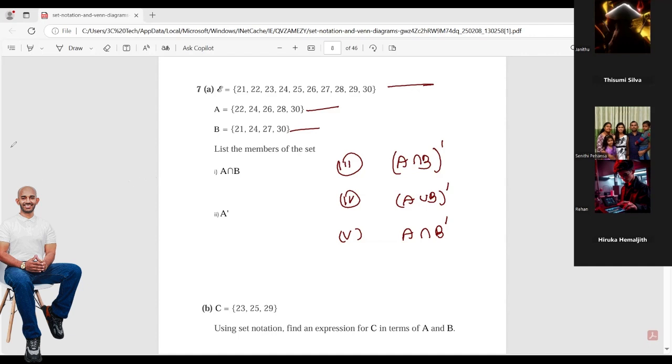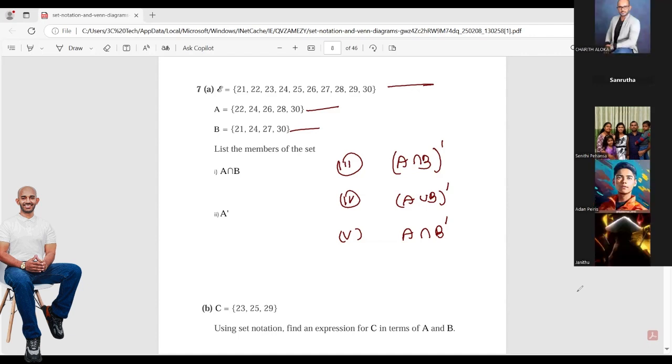Right. Seri, what is the answer, Putta? The first one. Right. Still we are doing this one.